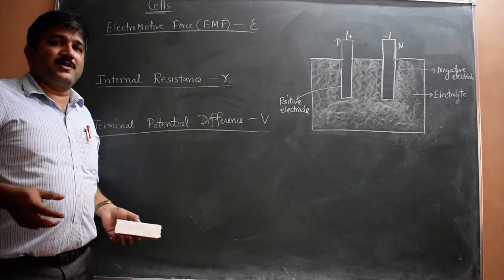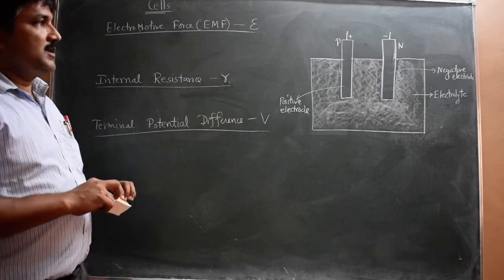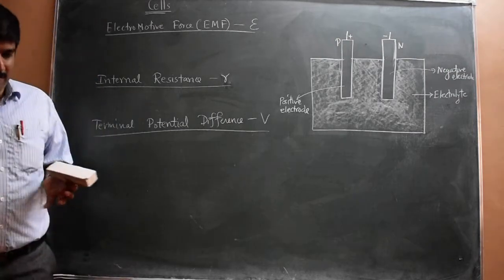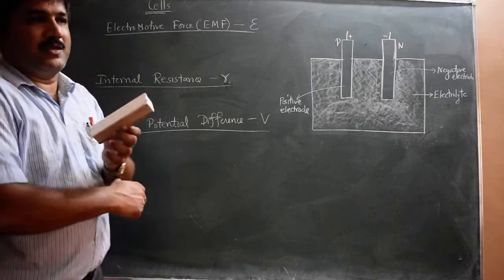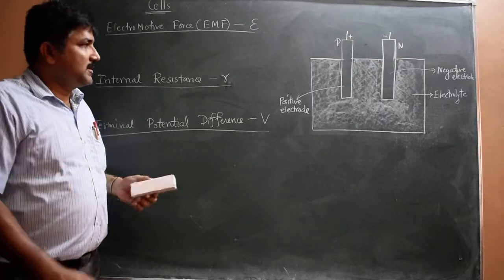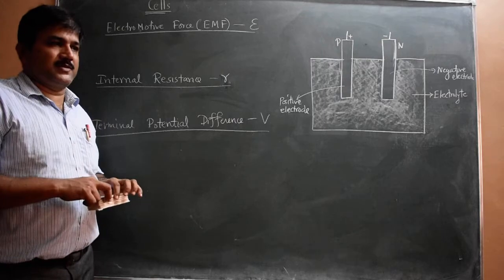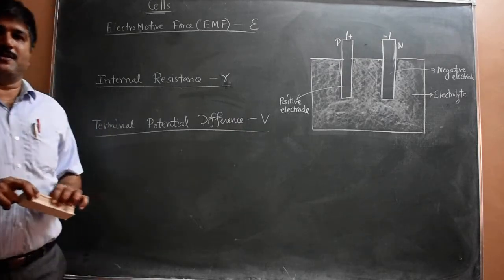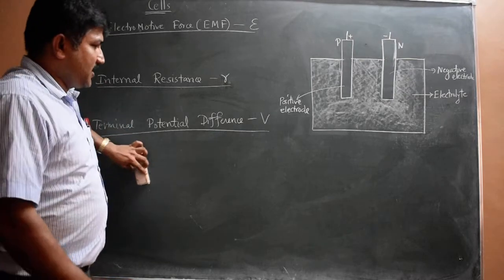So cells are used in most of the circuits where DC is needed. Now, AC, alternating current, is used in household circuits, whereas in devices like mobile or a torch we use DC cells, direct current.